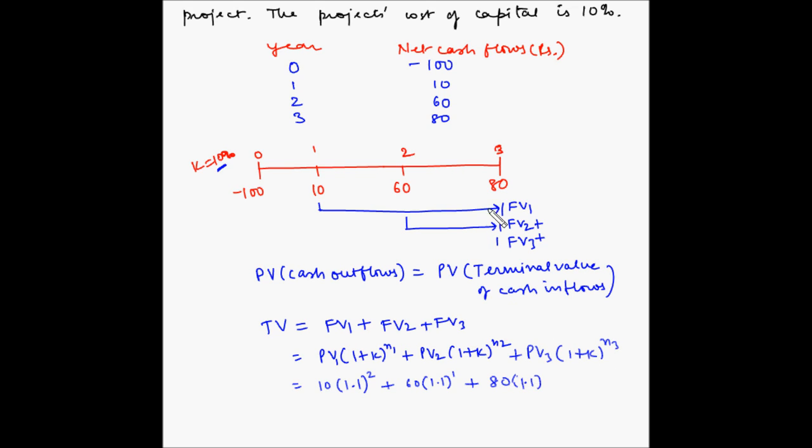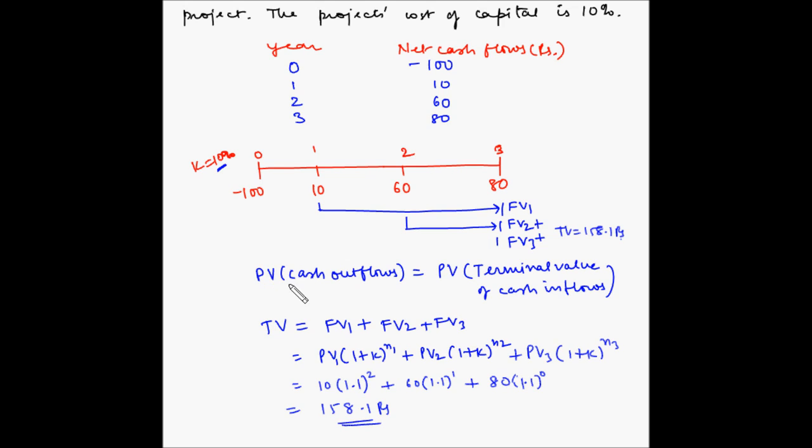Now N3 is 0 because 80 is not going to be compounded for any duration. So this is equal to 158.1 rupees. So the terminal value is equal to 158.1 rupees.